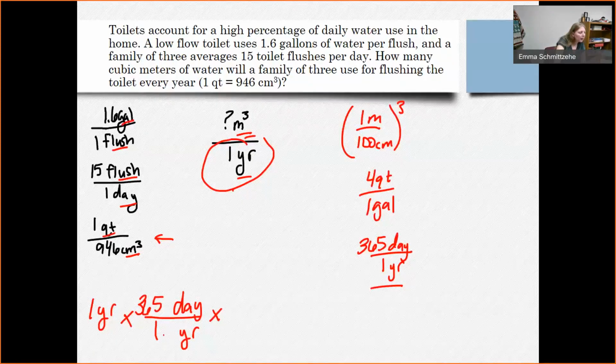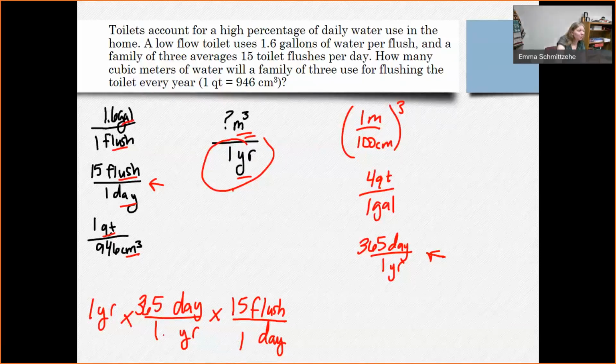And then I can relate days to flushes. So that's up here. I started with the year because that was a value I knew, and I converted years to days. And then I can convert days to flushes. Okay, so 15 for 1 day.